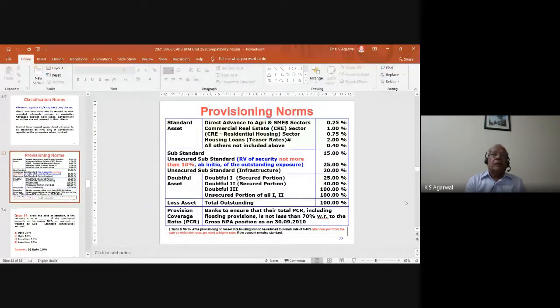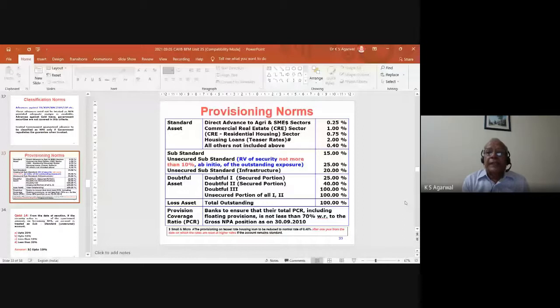SME here means not small and medium, but small and micro. Please remember, it is small and micro. It can also be written as MSE, micro and small. Medium is not there. That you have to remember.